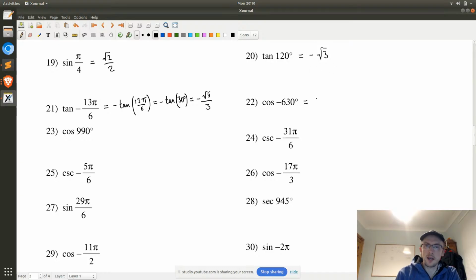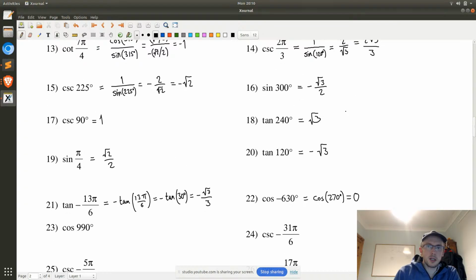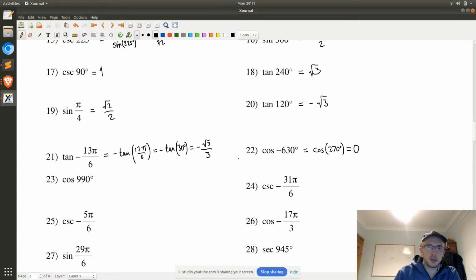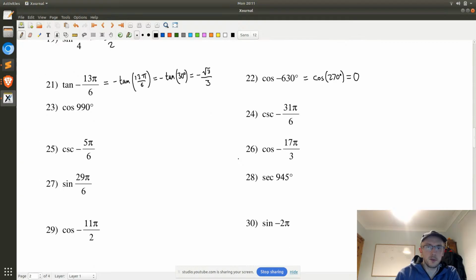No, it's the same as cosine of 270 degrees, which is 0. Okay, so I'll just go up to 24 and then check.